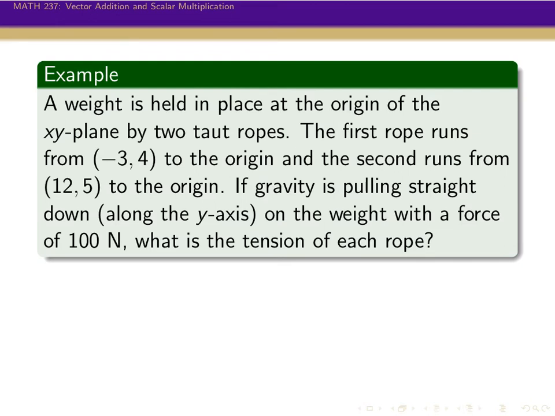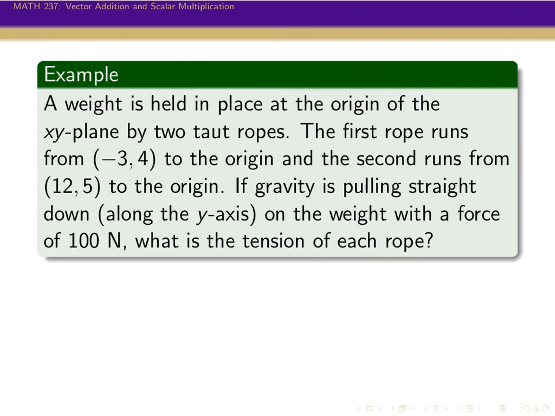We can assume that these ropes are straight lines. If gravity is pulling straight down along the y-axis with a force of 100 newtons, what is the tension of each rope? So tension just means how hard is the force in each rope that's pulling to keep it in place.